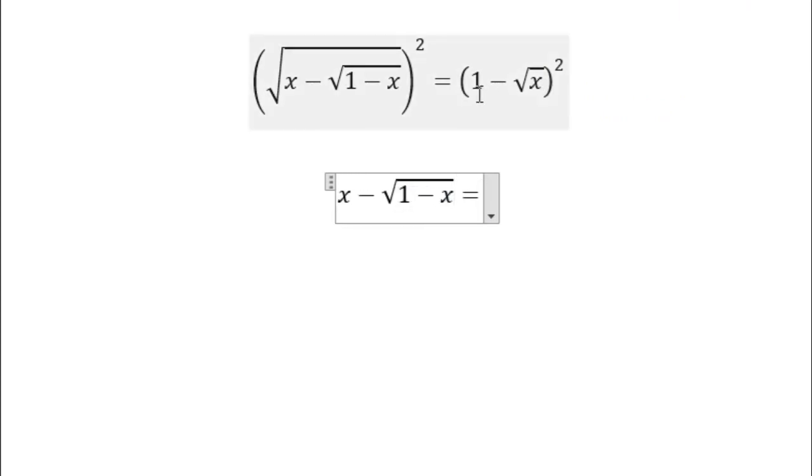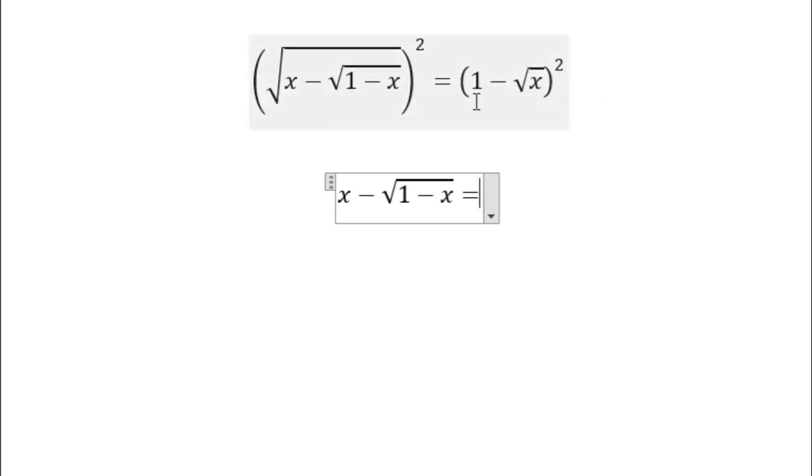In this case, we're going to square this binomial. We can do that by multiplying 1 minus square root of x times 1 minus square root of x. Or we can use the binomial formula to do that. But in this case, I'll just write the answer.